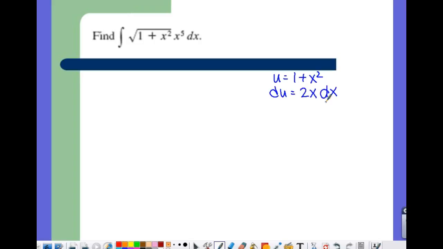That's kind of harmful though, right? I don't need a 2x. What do I need? And 5.